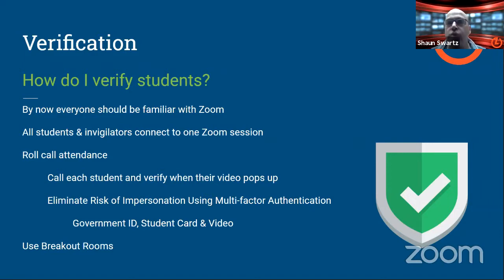So you can move 20, 30, 40, or 50 students into each little breakout room, and you can assign an invigilator to each of those breakout rooms. So in one big Zoom session, you can be doing all your invigilation, but you can divide it into little groups of 20, 30, or 40 students, and the invigilator can monitor his or her group of 30 students.